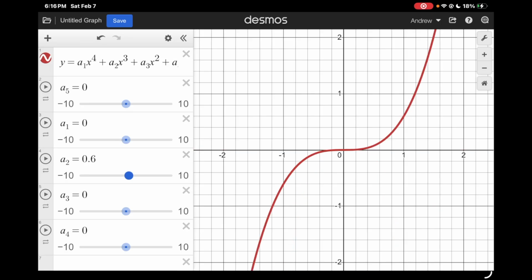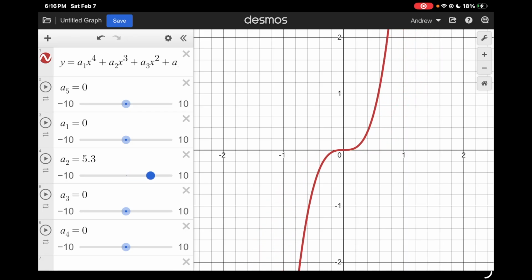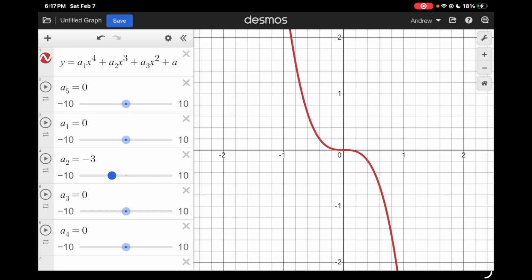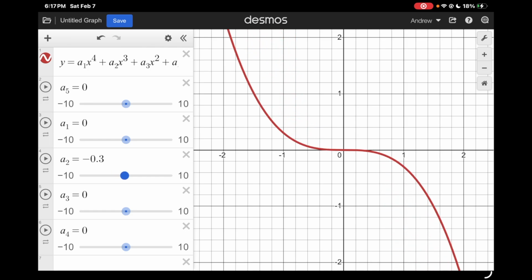This A2 is controlling the cubic. So there's that classic cubic shape. Positive coefficient comes from the bottom, leaves to the top. Negative coefficient comes from the top, leaves to the bottom. That would be true of all odd degrees. Remember, degree is the highest power of x where the coefficient is not 0.